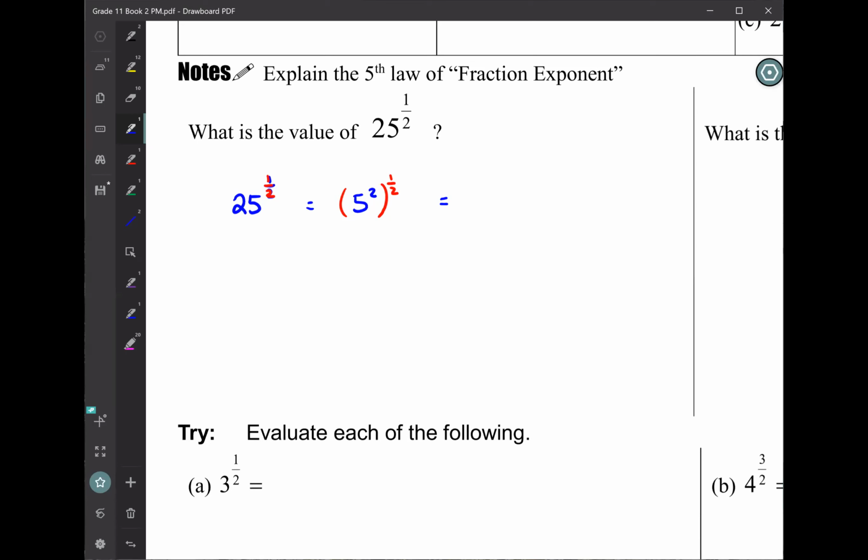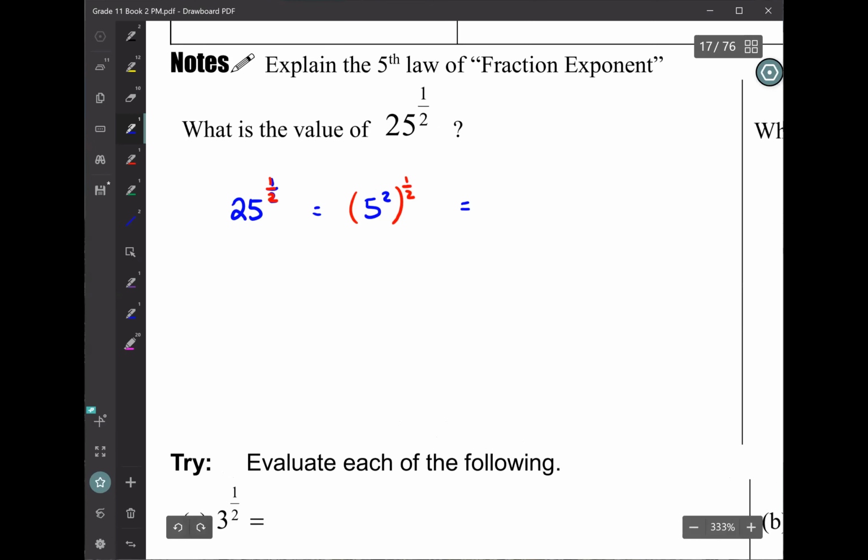You have two exponents here, you have a 2 and you have a half. They are both exponents. So what can we do? Multiply it in. Yeah, that's right. You did that for your homework. It was the third rule. So what would it become?